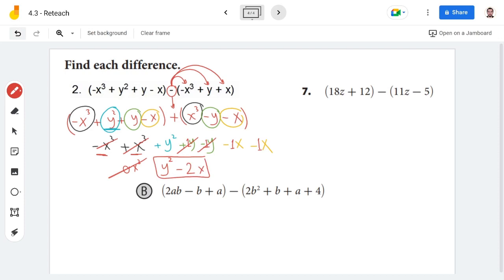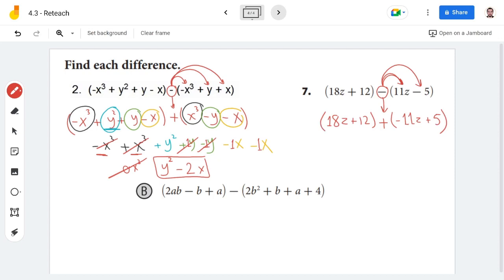Okay, let's use this one here. First we change the negative to positive, and we change every sign here. So it's positive 11, so it will be negative 11z, and negative with negative, so it will be positive 5. Then we write this one the same, 12 and 18z.